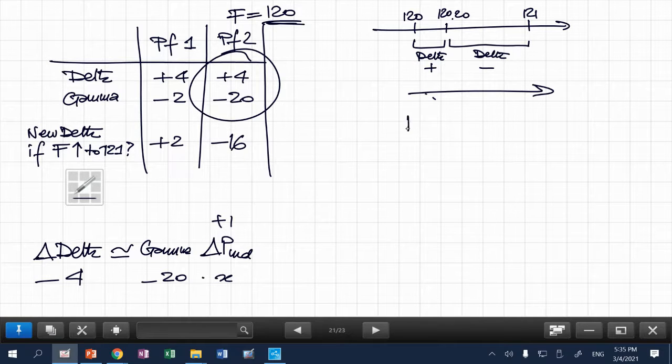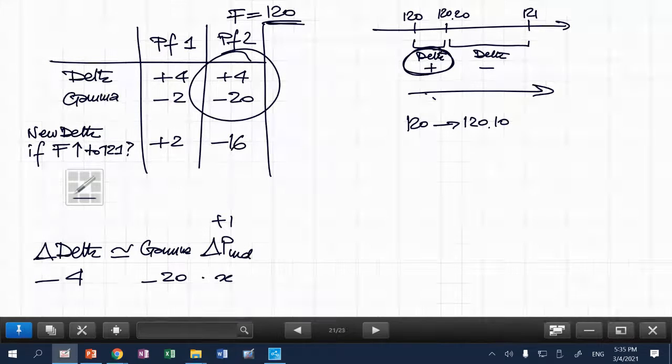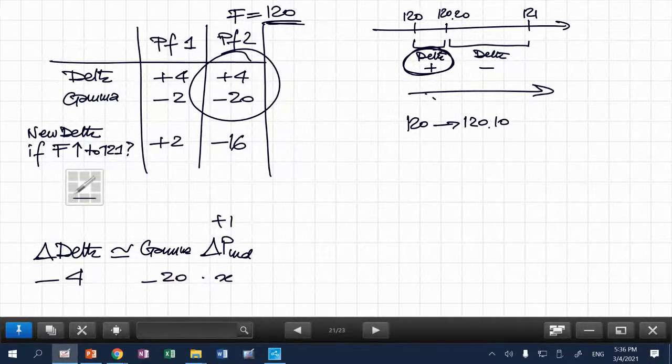If instead you had an increase from 120 to 120.10, which is still in this range, intuitively we would expect to make money, because it's an increase in which I was originally delta positive. I've always been delta positive while the market was going up, so I should make money, okay?